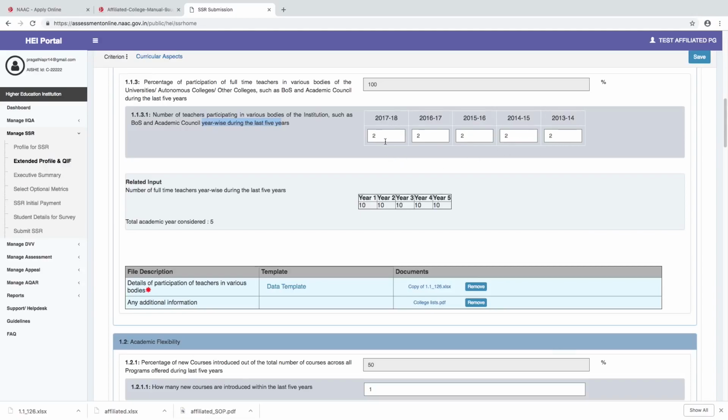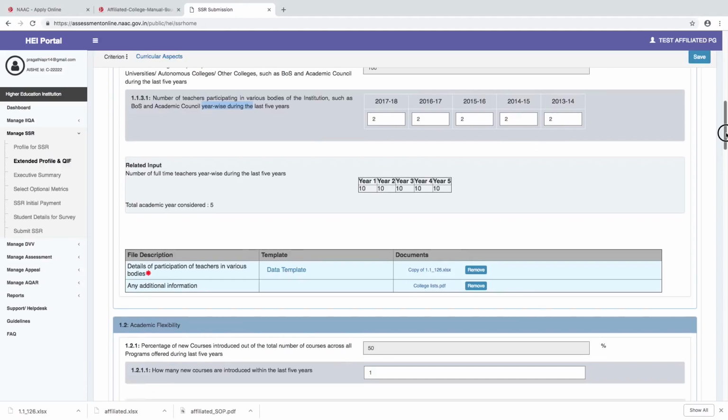Now, this year-wise means for the period 17-18, how many staff members were there in the BOS or any other relevant bodies. In 2016-17 how many were there, 15-16 how many were there, 14-15 how many were there, and 13-14 how many were there. Such kind of data is hinted at by the phrase year-wise during the last 5 years. Hence, a year-wise breakup of the data becomes essential here.